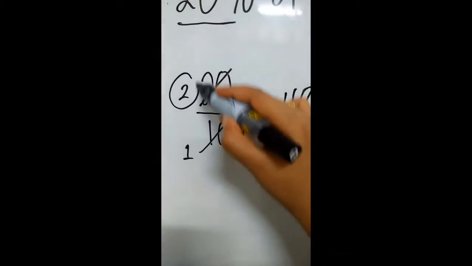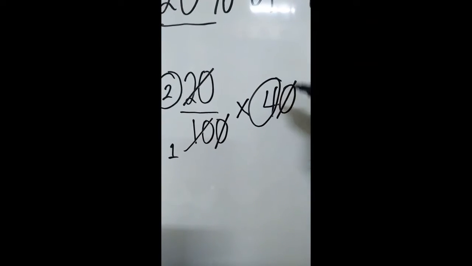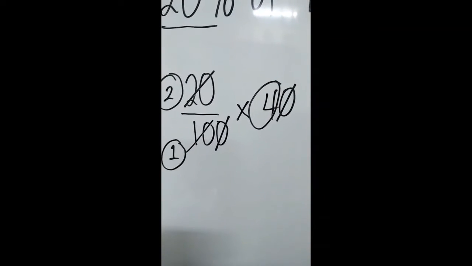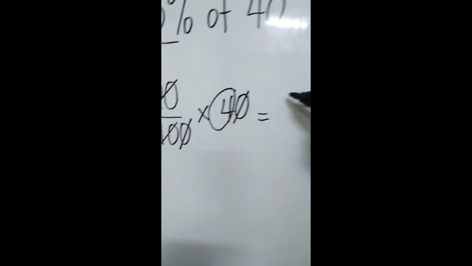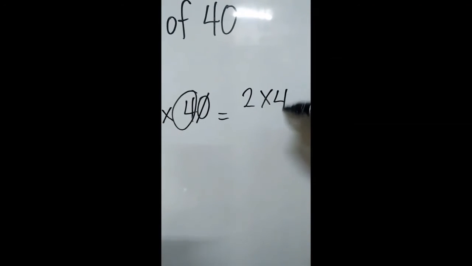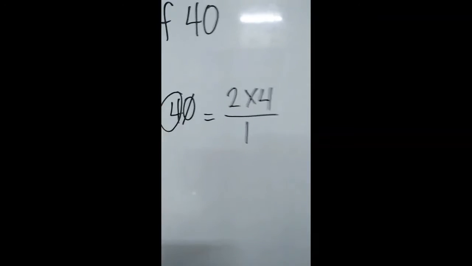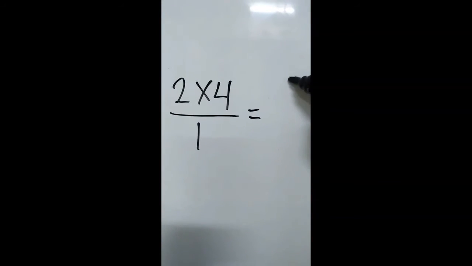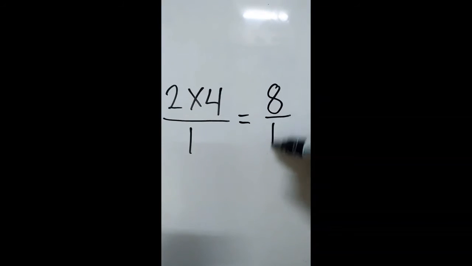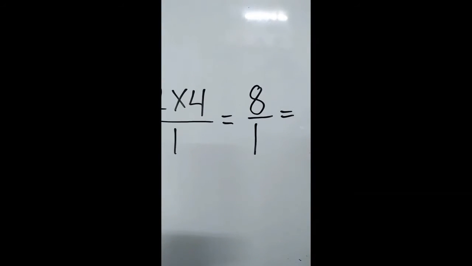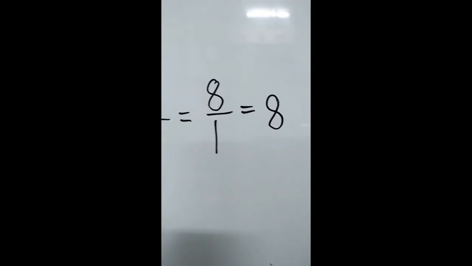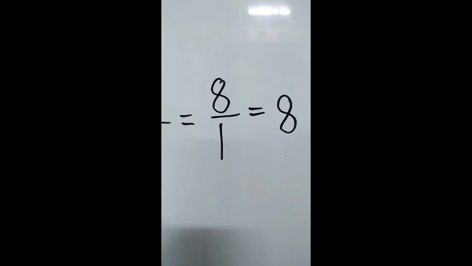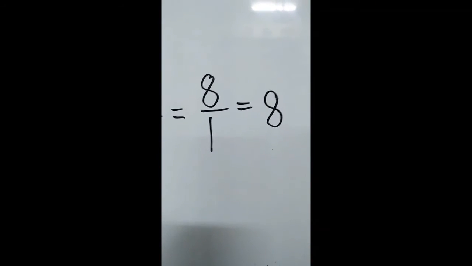We have 2 times 4 and the denominator 1. So let's rewrite 2 times 4 over 1. Let's multiply the numerators. 2 times 4 is 8 over 1, which is simply 8. So still the same answer, equals 8.